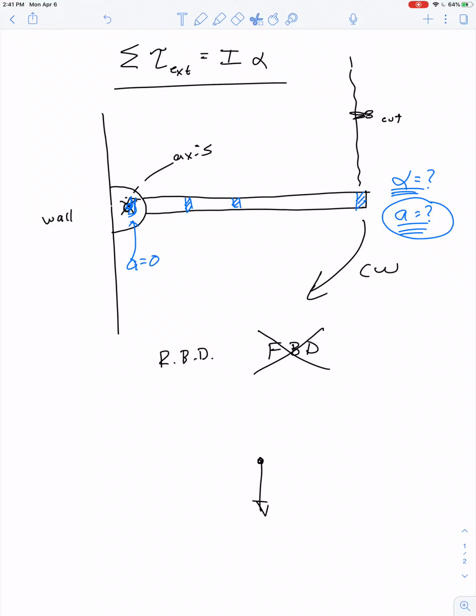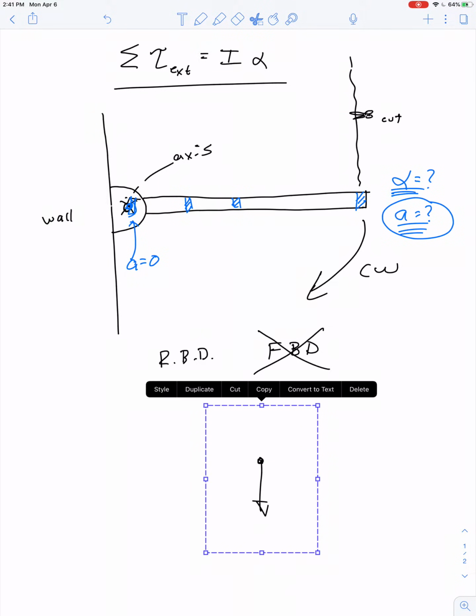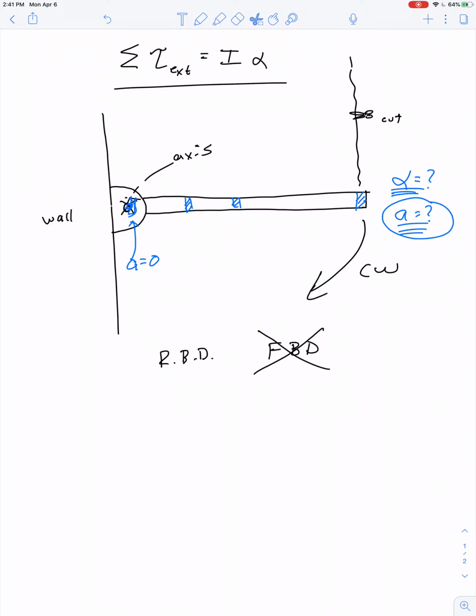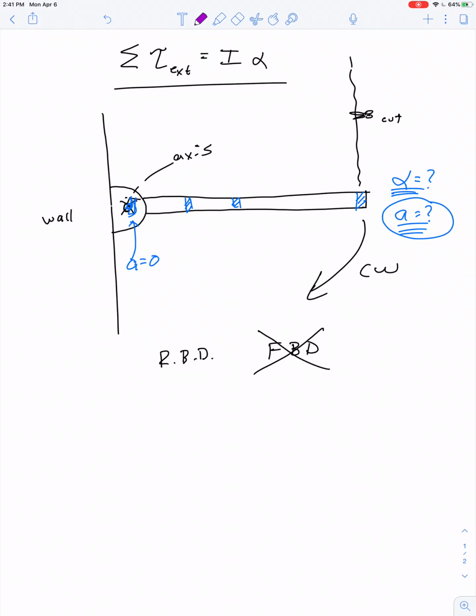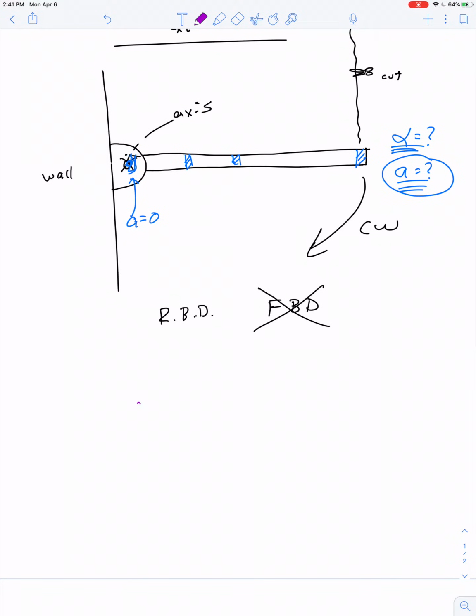Instead, I'm going to draw a diagram that allows me to illustrate lever arms if any lever arm should be identified. So I draw a dot for my axis of rotation, and then I draw an object with the same length as the beam, or that has the same dimensions as the object in question. And then I show the forces where they're applied.